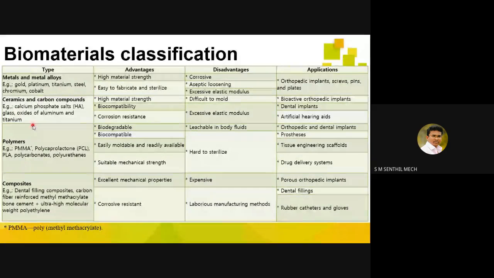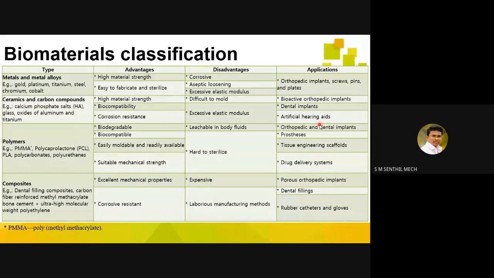Okay, ceramics and carbon compounds have high material strength. Of course, they have good biocompatibility. So they are also used for bioactive orthopedic implants, dental implants, and artificial hearing aids. These artificial hearing aids are nothing but the hearing aids used by deaf people. Usually the shape of the hearing aids varies from patient to patient depending upon the shape of their ears.